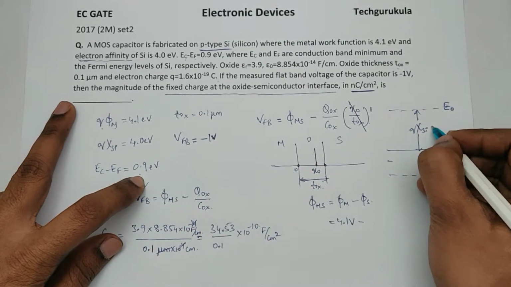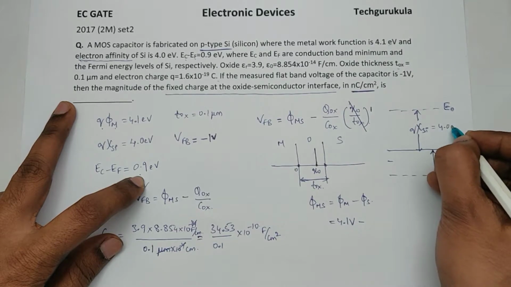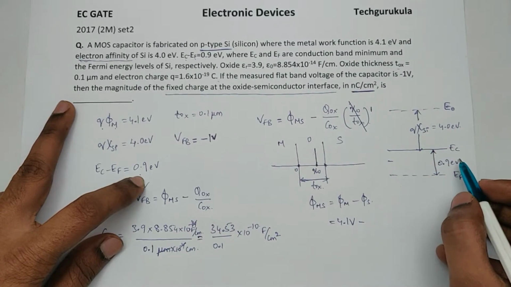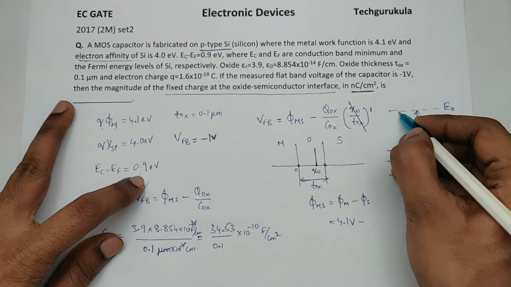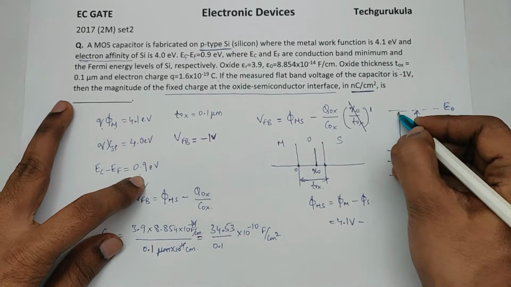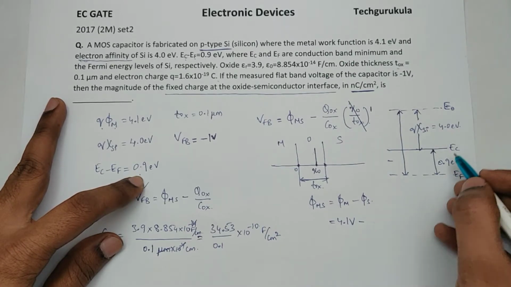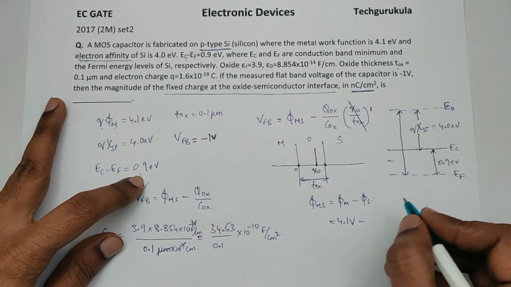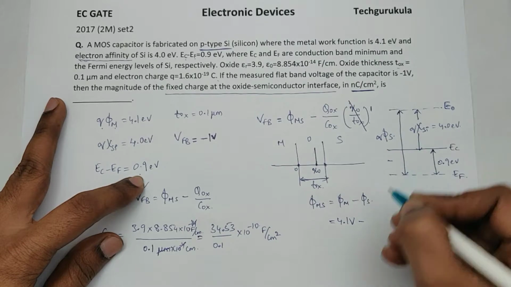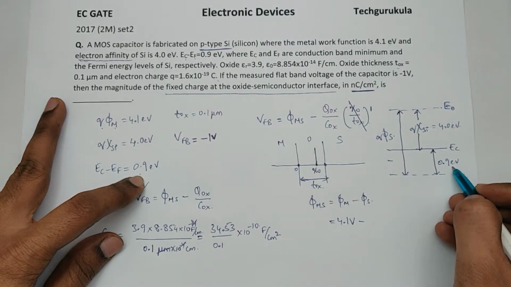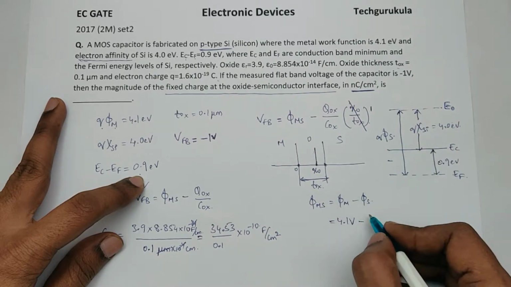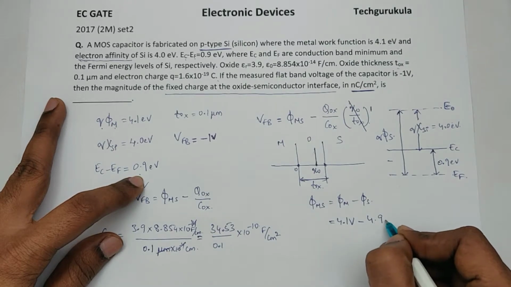The work function of silicon is the difference from the vacuum level to the Fermi energy level, which is 4.9 electron volts, or 4.9 volts.